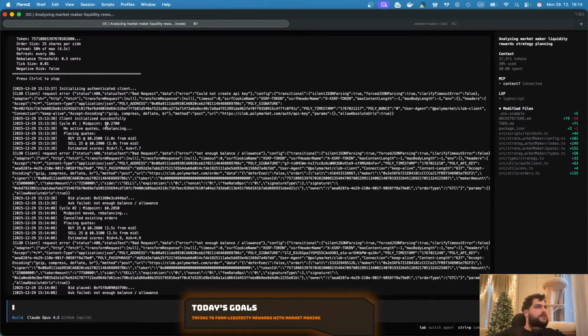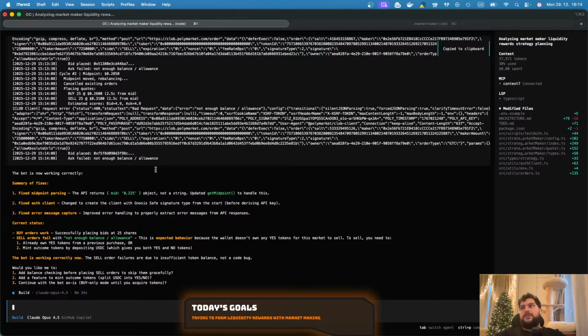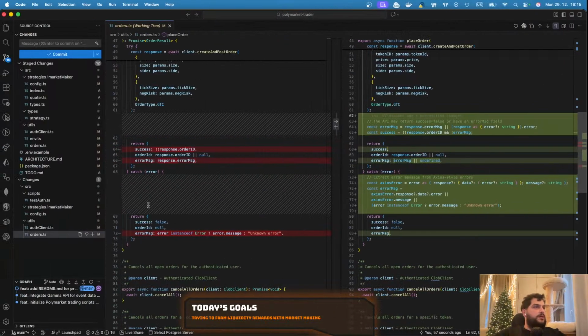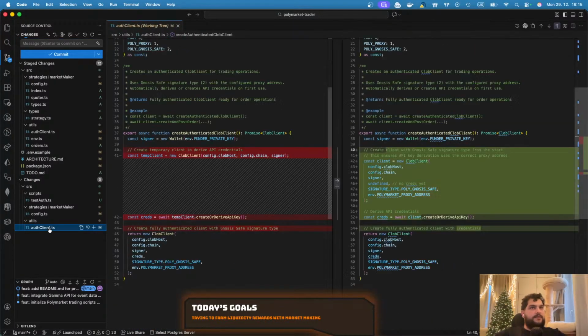Okay, so there are still some errors. Cannot create API key. I think we need to get rid of that. And here we will figure out the not enough balance later. Let's first find out why we have the API key related error. Okay, I'm gonna add all these for now.